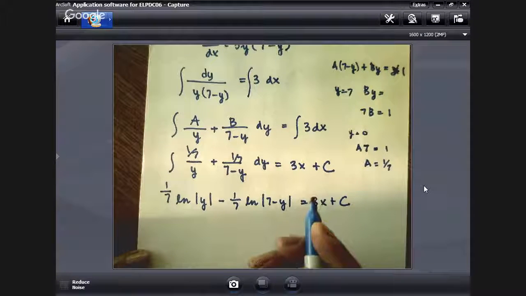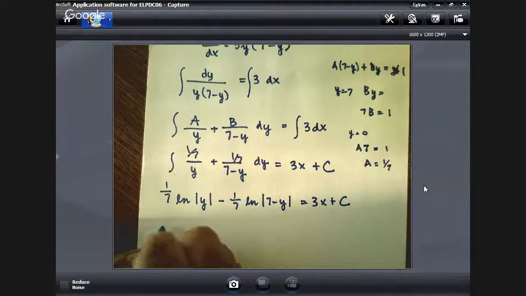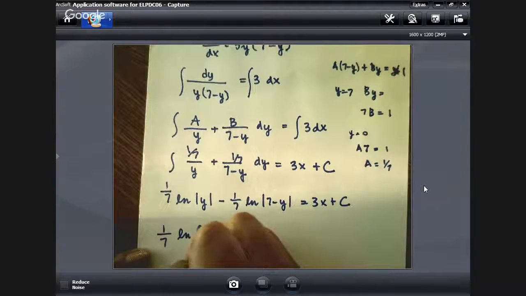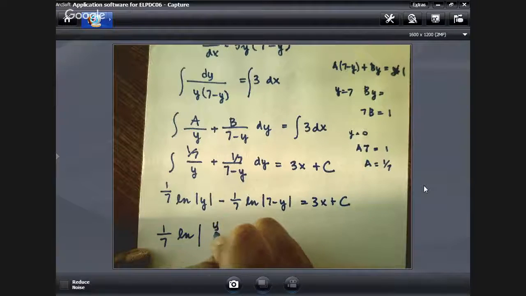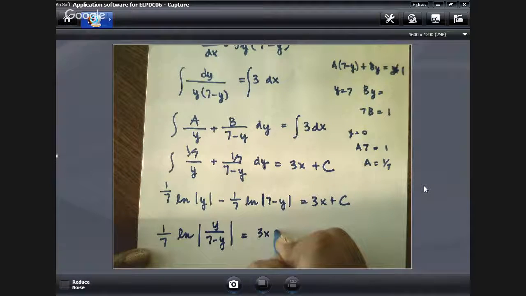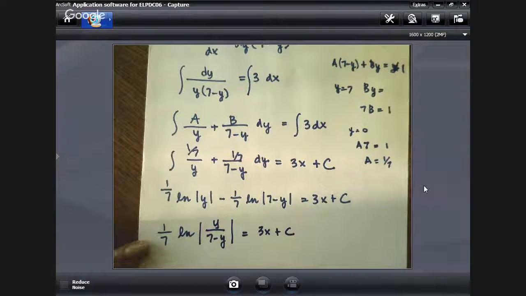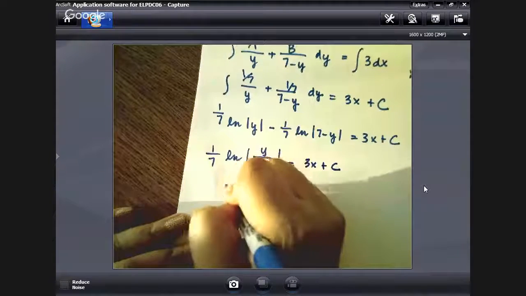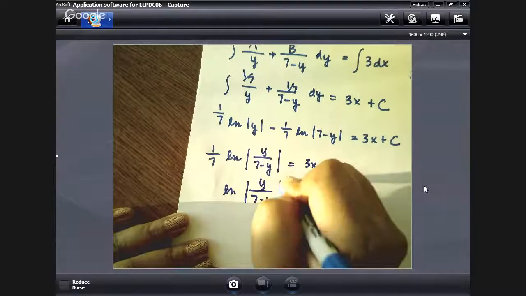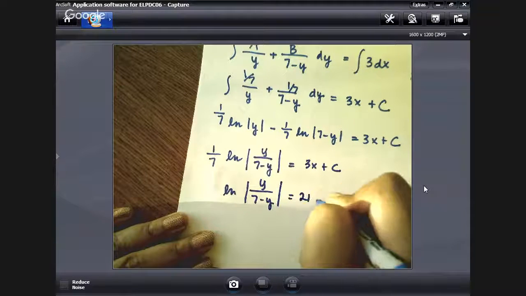If I combine this into one logarithm, I can write this as 1/7 ln absolute value of y over (7 minus y), and that's going to be equal to 3x plus c. I'm going to go ahead and multiply by 7. ln absolute value of y over (7 minus y) is equal to 21x plus c.